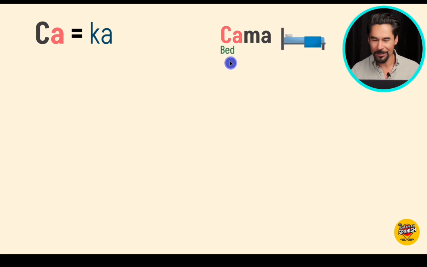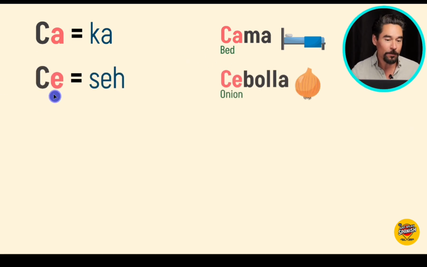Quite easy. If it's a C followed by an A, it's a K sound. If we have the C followed by the vowel E, then we have se, as in the word cebolla.